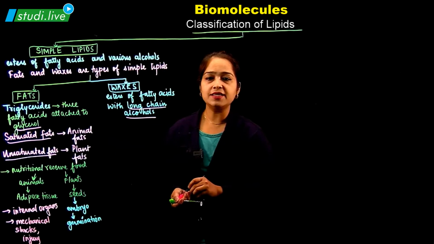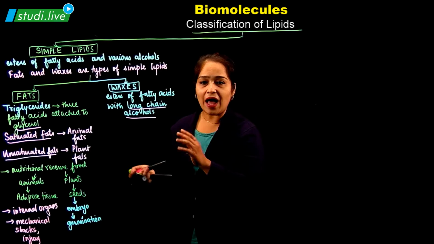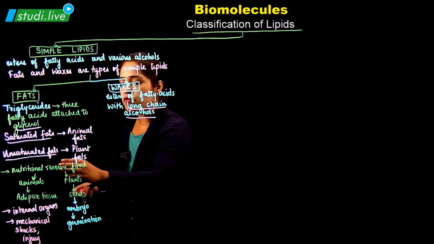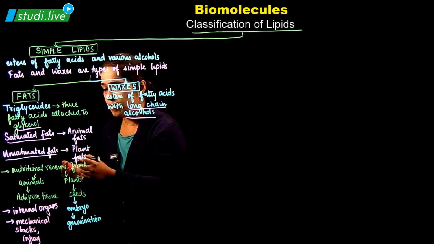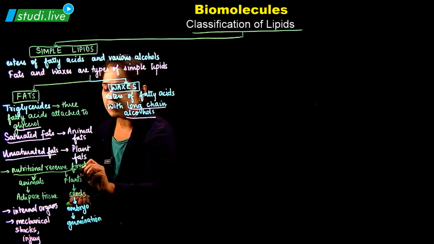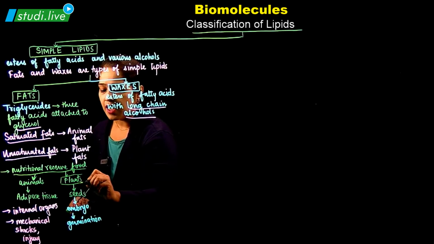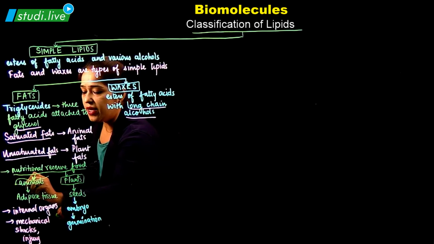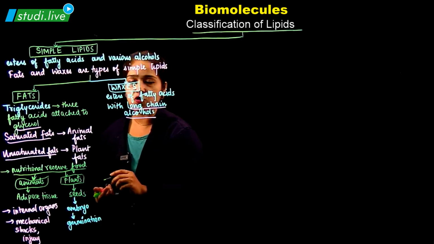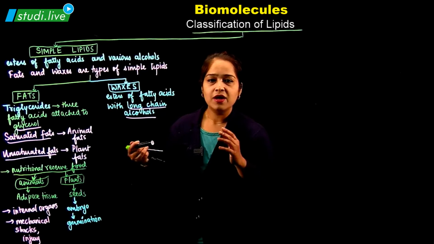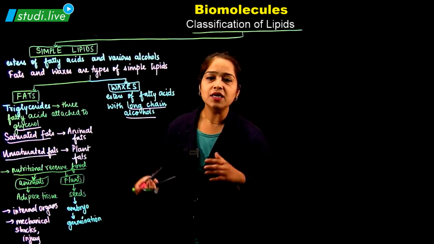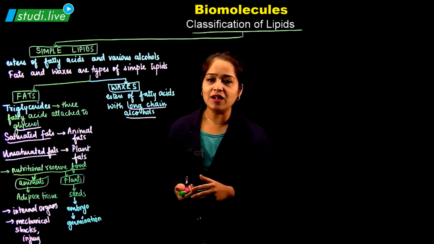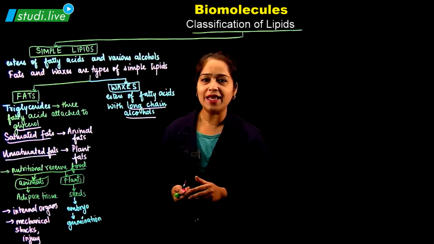So this is about the fats, which are the nutritional reserve food in animals and plants. In animals, it is stored in the adipose tissue as fat droplets, whereas around the internal organs, it protects from mechanical shocks and prevents injury.